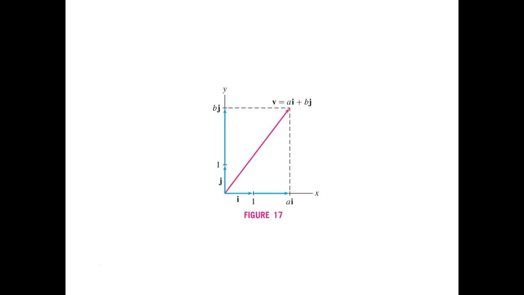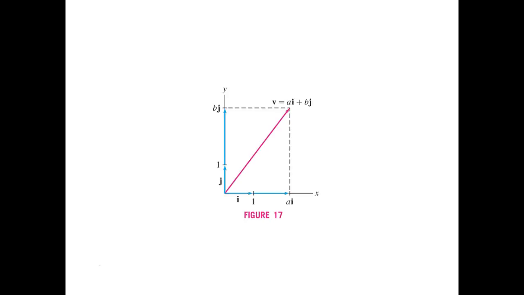Now, what in the world are i and j? i and j are the unit vectors along your coordinate axes. The unit vector in the x direction is i. The unit vector in the direction of the y-axis is j. This is one unit here, and they're perpendicular to each other because they're on the coordinate axes. Magnitude 1.